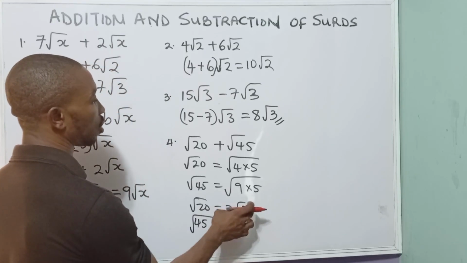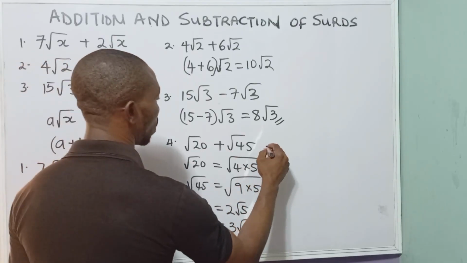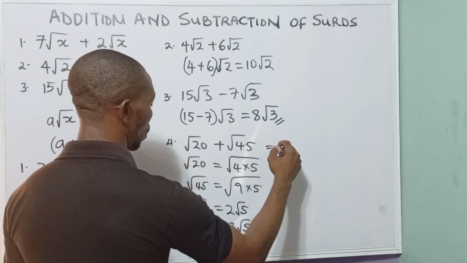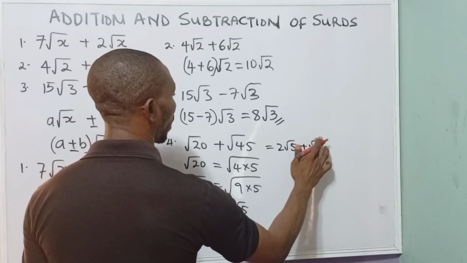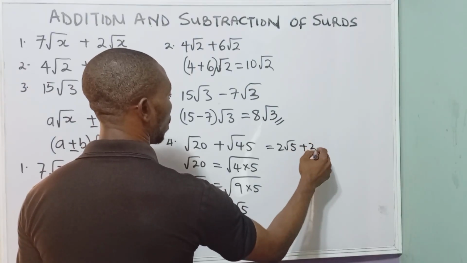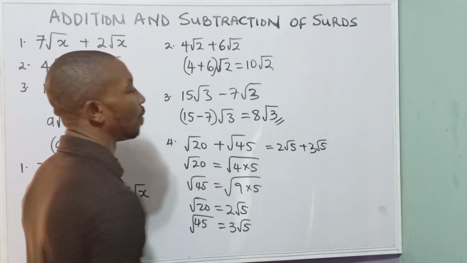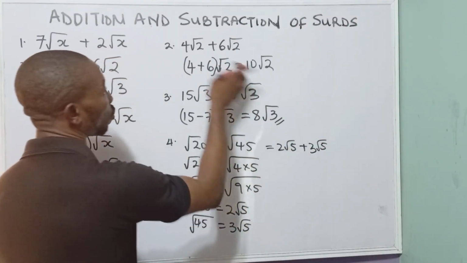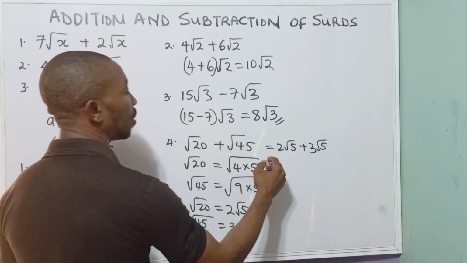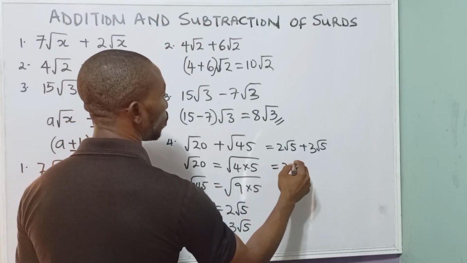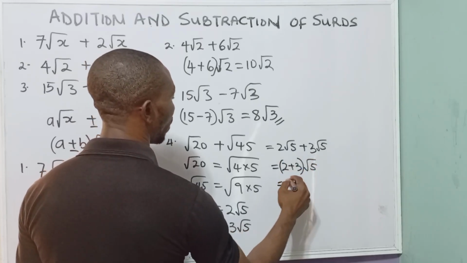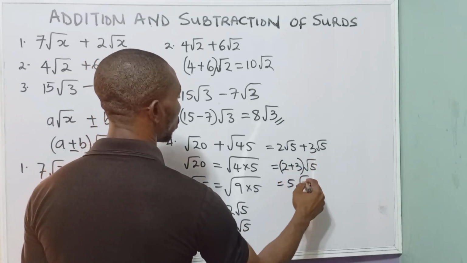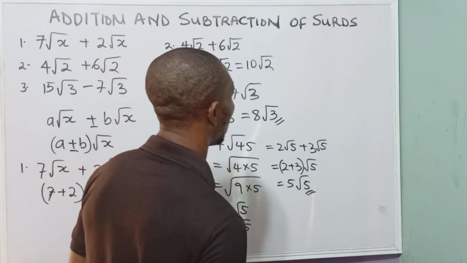Now replacing these, this becomes 2 root 5 plus 3 root 5. Bringing us back to the rule we applied, this gives us 2 plus 3 root 5. So we have 5 root 5 as our answer.